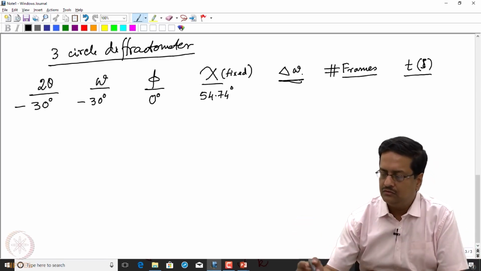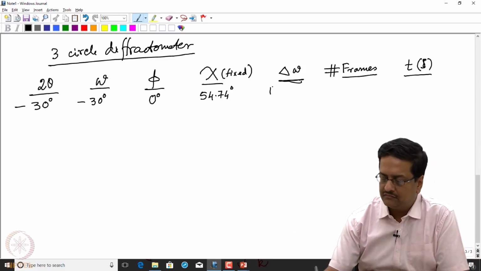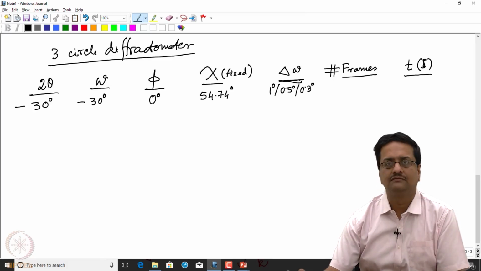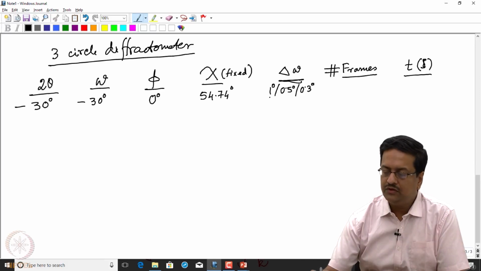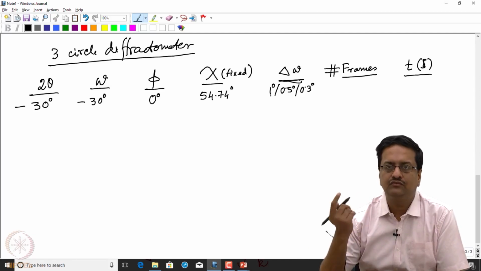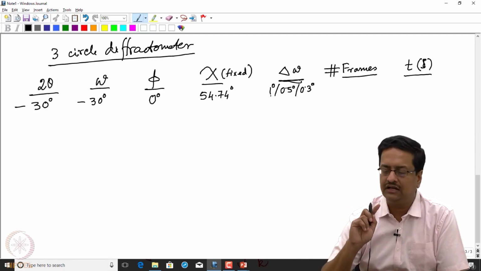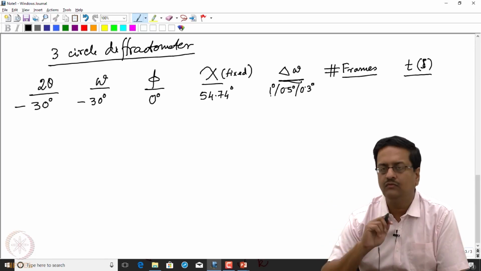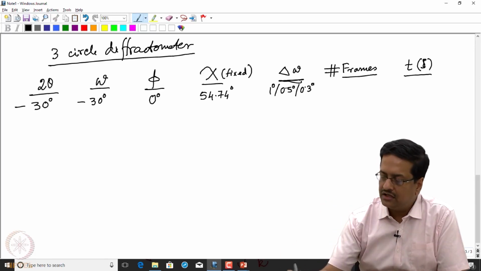This delta omega can be 1 degree, can be 0.5 degree, can be 0.3 degree or even smaller. So if we move omega by 1 degree for every image to be recorded, and if we want a 180 degree rotation of omega with steps of 1 degree width, then I would need to record 180 frames.